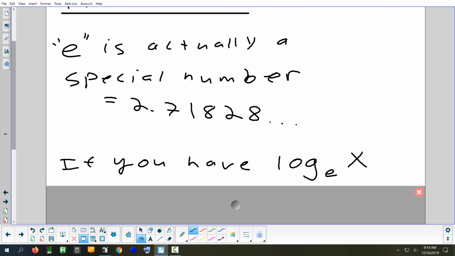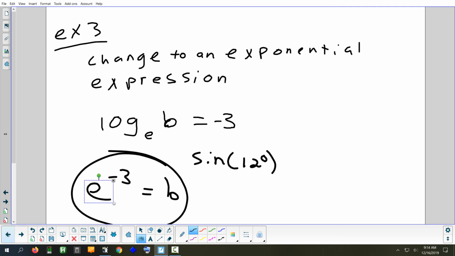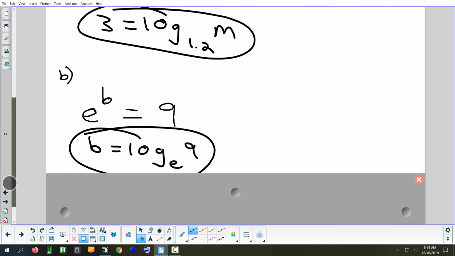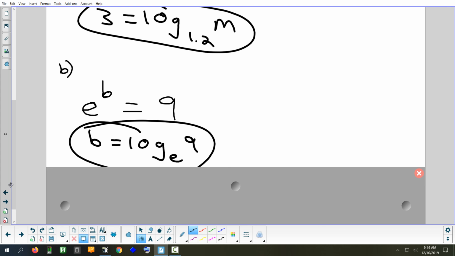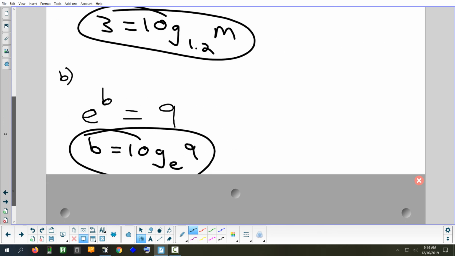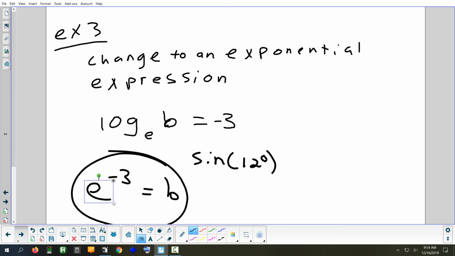So, I told you guys earlier that we wrote down something that you usually would not see. Let's see, it was the answer to this problem. Example B. Log base e of 9. So, when you guys did this one, you didn't know that e was actually something special. We just did the problem.